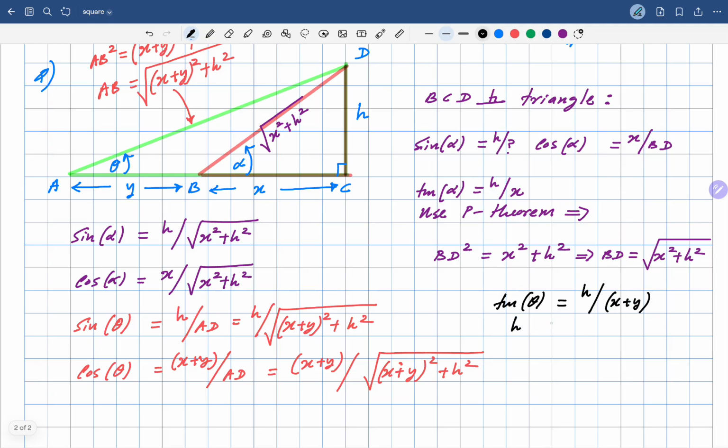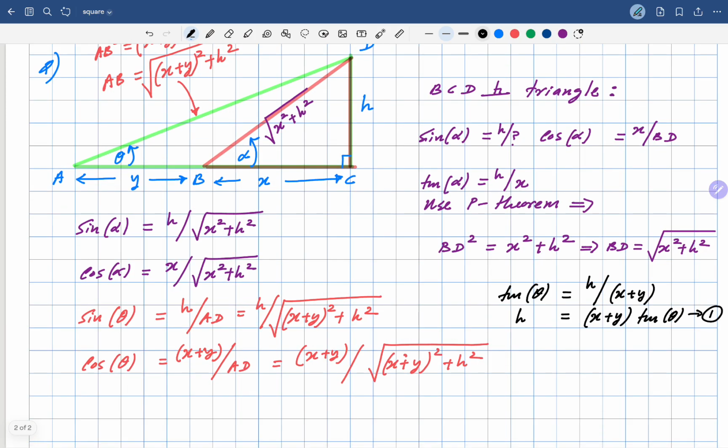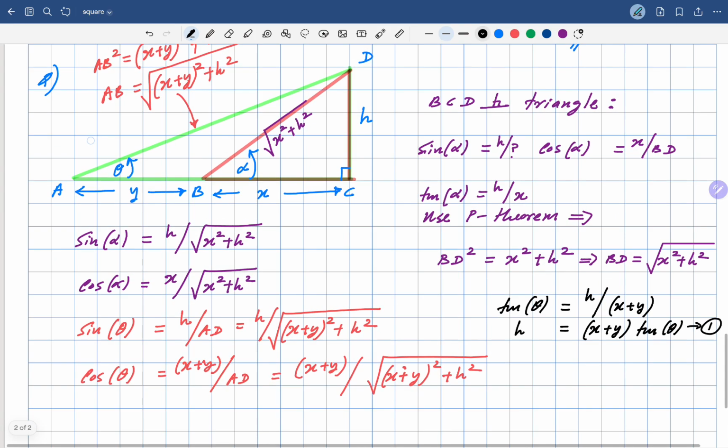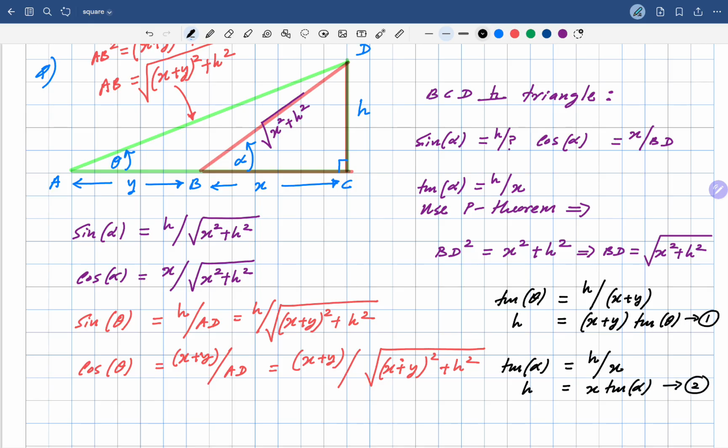From here you can make h the subject: h is equal to (x plus y) tan theta. This can be your first equation. Now we will use the tan concept for BCD, which is tan alpha. It is h divided by x. So from here h is equal to x tan alpha, which is the second equation.